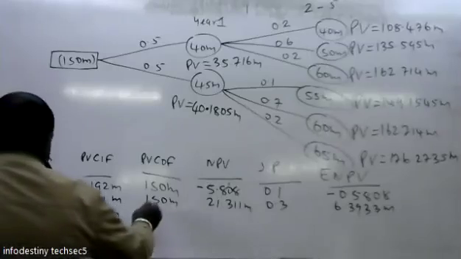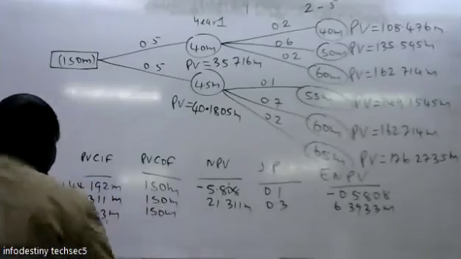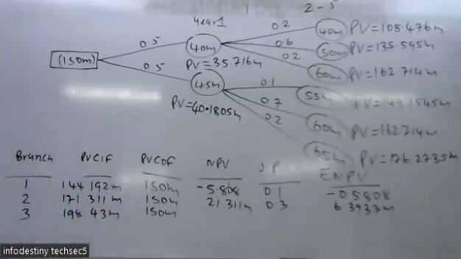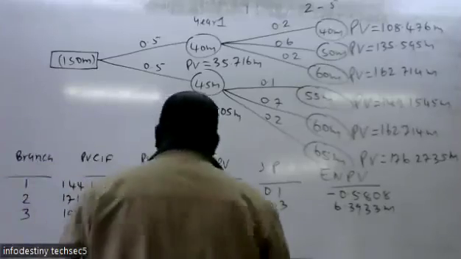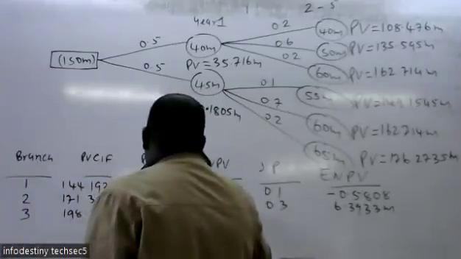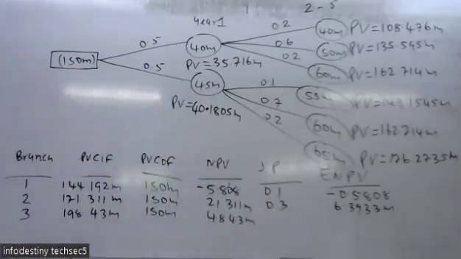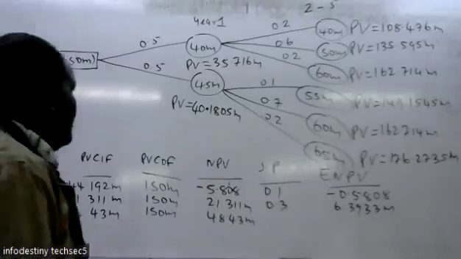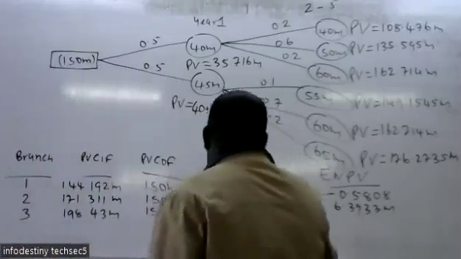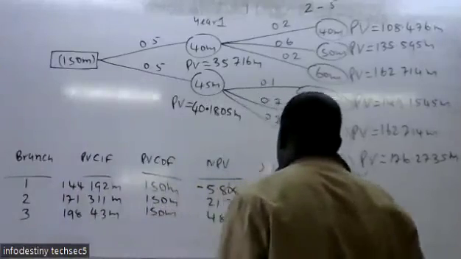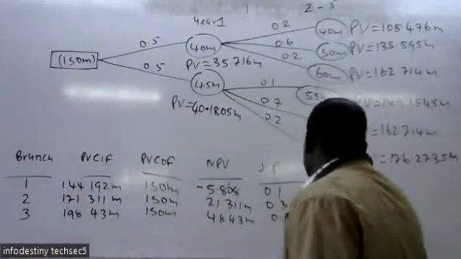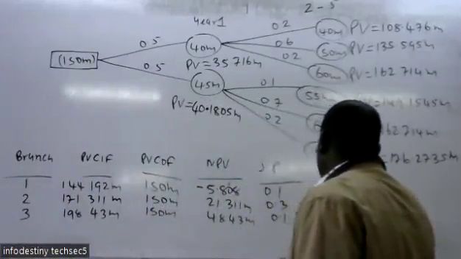This one still remains 150 million. So when we subtract, we get 48 points. Then joint probability 0.5 multiplied by 0.2 is 0.1. So that means it will be 4.8.